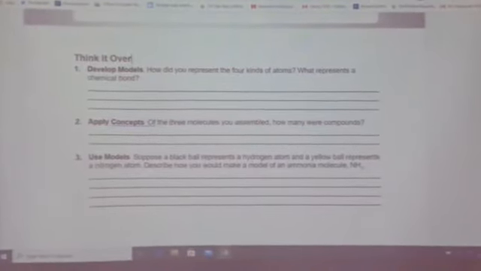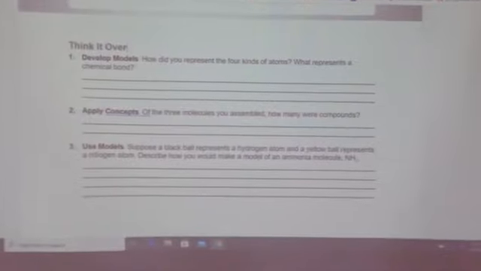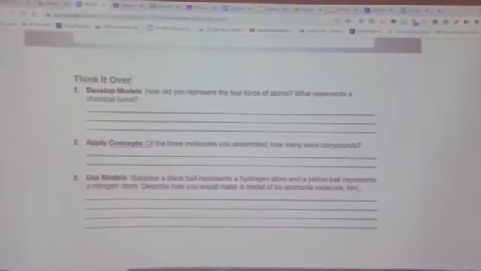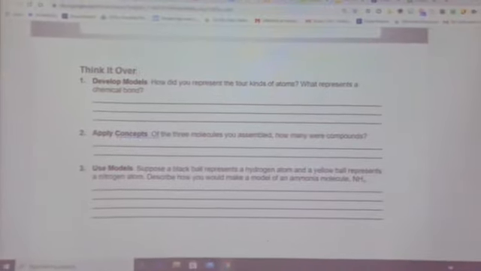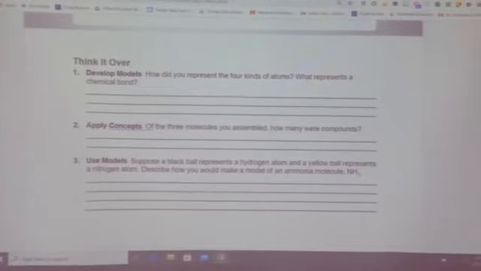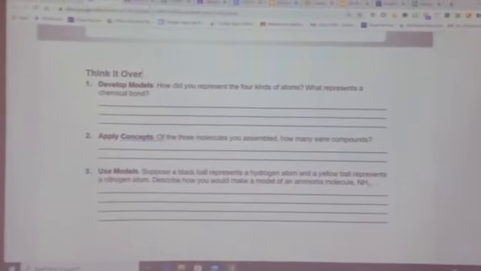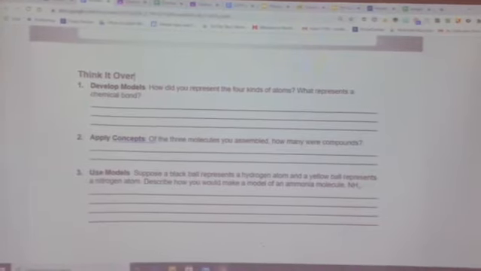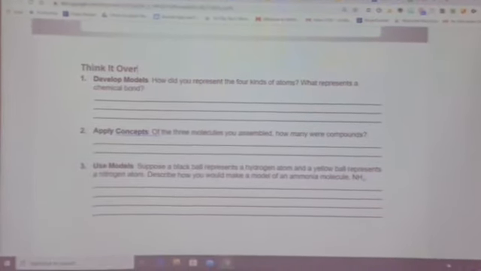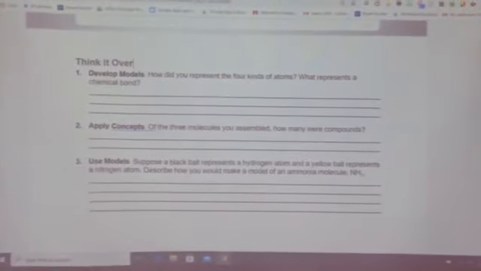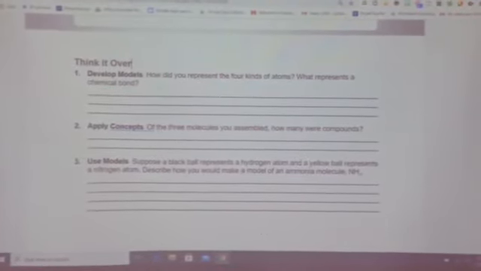It says NH3, which means there's likely only a certain amount of nitrogen and a certain amount of hydrogen. So you can either draw this and take a picture and upload it, or if you don't know how to do that, just describe what your drawing would look like. So again, this is just giving it your best try. If you don't know, just try and you'll be successful.